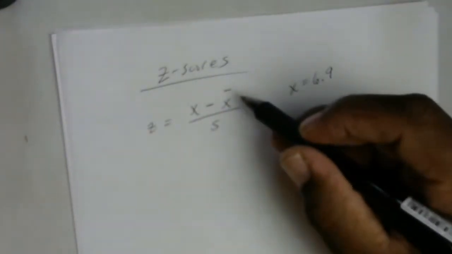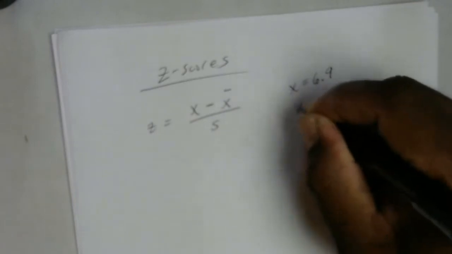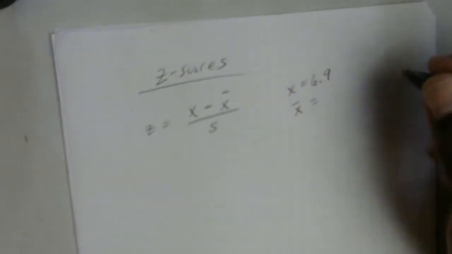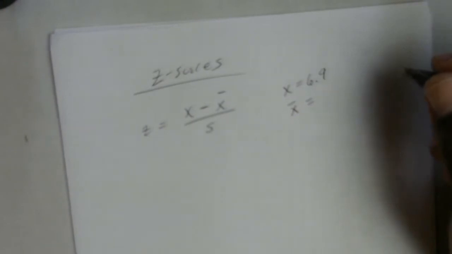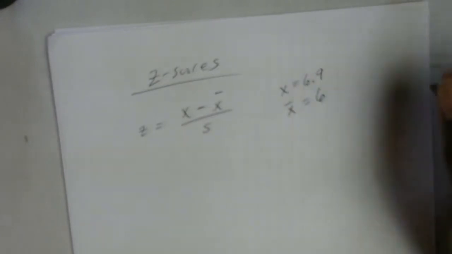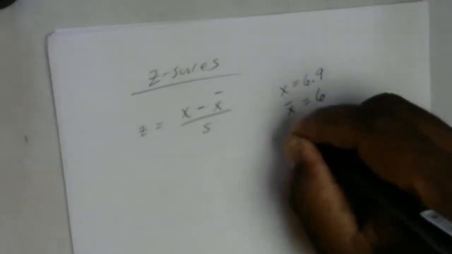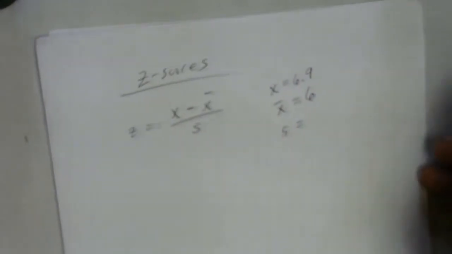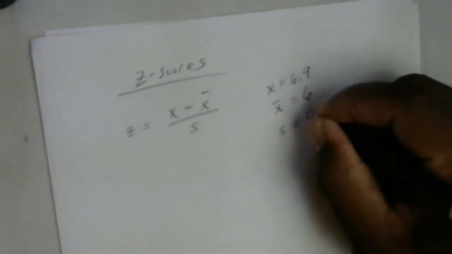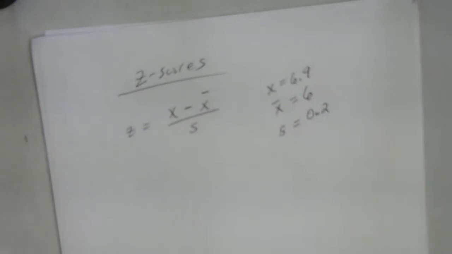X bar, which is the sample mean, we were given as 6 feet. That problem reads the mean height of a basketball team is 6 feet. S, which is the standard deviation, is 0.2.